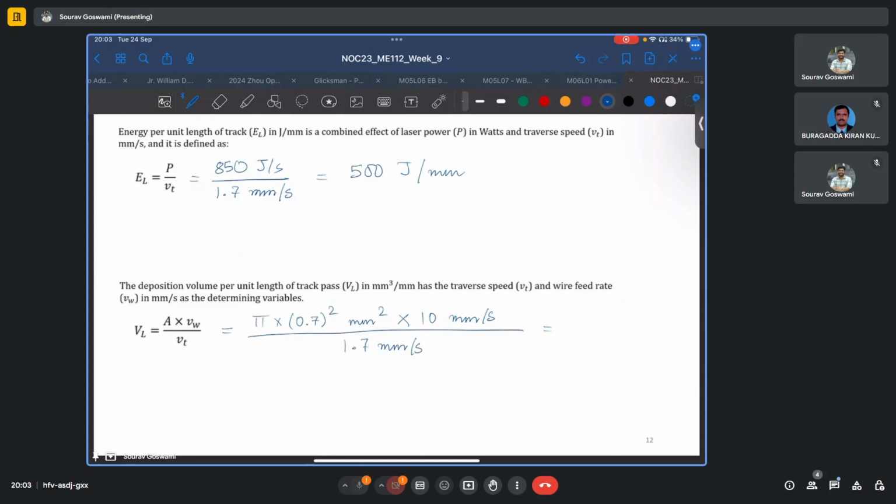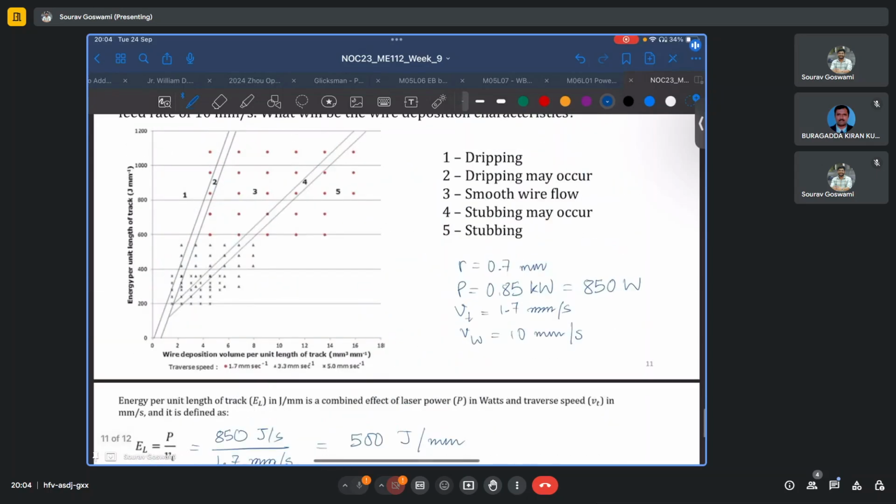And we can just calculate this quickly. 0.7 into 0.7 into 10 divided by 1.7. This comes out to be equal to 9.055, and the units, if you notice, given here is millimeter cube per millimeter.